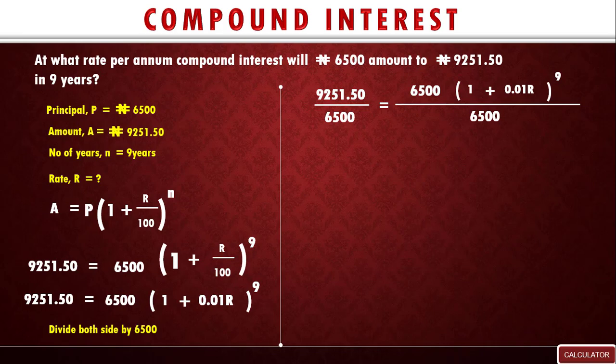Okay, 6500 will cancel out 6500 here, and then what we have left at the right hand side is bracket open 1 plus 0.01 R raised to power 9, and then at the left hand side 9251.50 all over 6500. Let's use our calculator to calculate this.